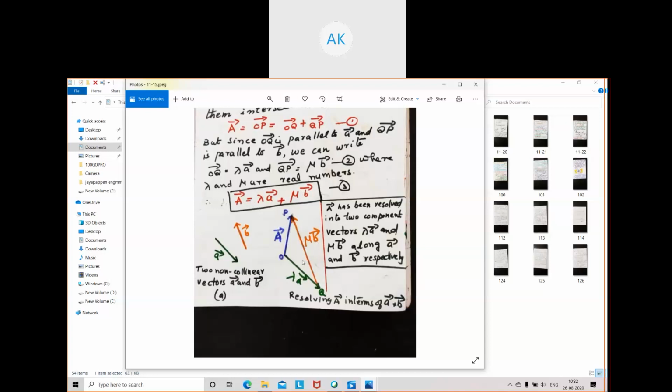Not in any 2 directions, it is given directions. The 2 directions are given. You have to split the vector in the given 2 directions. And there is one and only one way in which a given vector can be split in the given 2 directions.